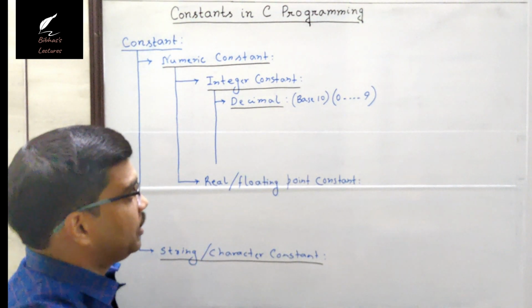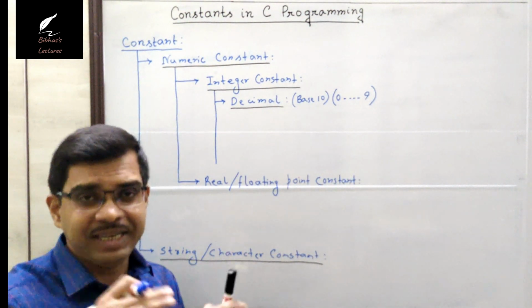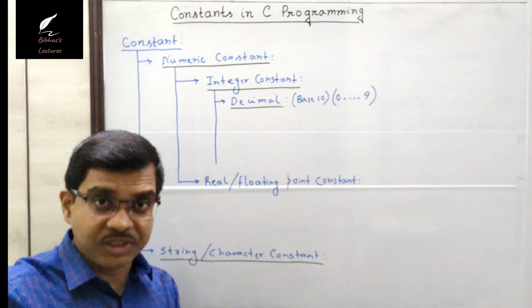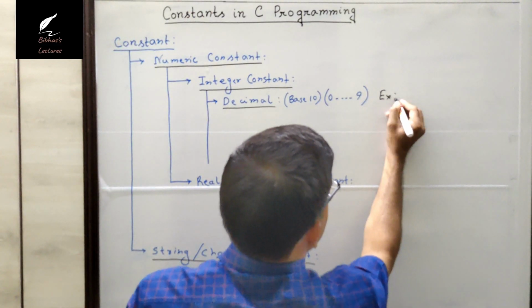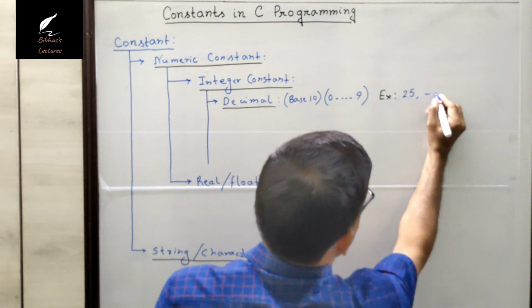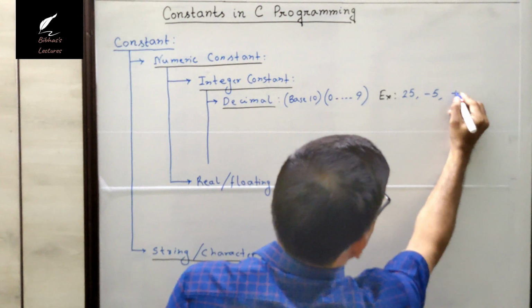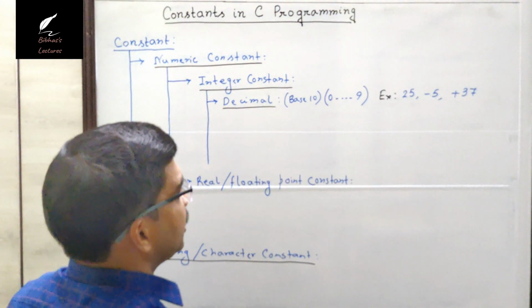Okay, so with these numbers 0 to 9, you can form any integer number expressed in decimal number system. For example, it is 25, then minus 5, then plus 37, like that. So these are the examples of the decimal number system.